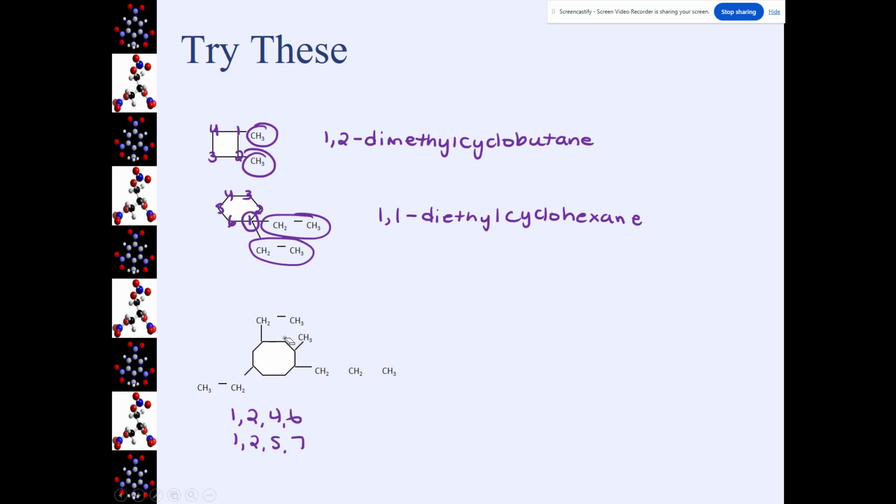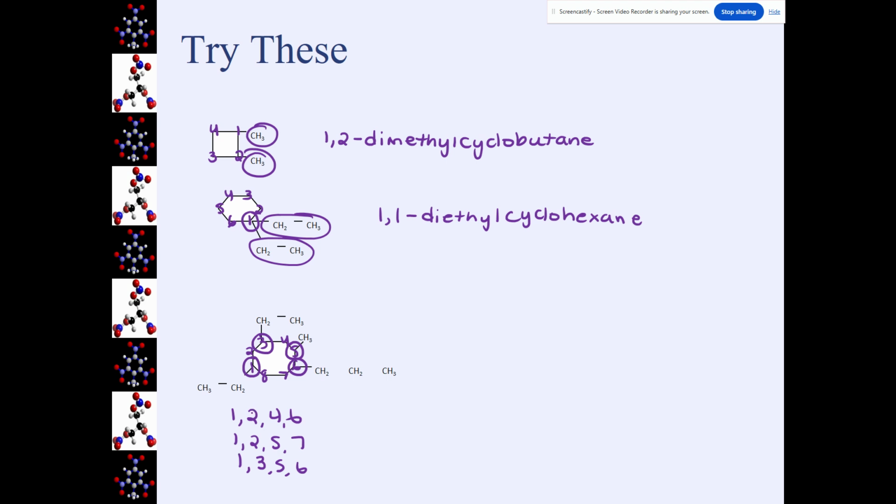Other ways I could try, let's start here. 1, 2, 3, 4, 5, 6, 7, 8. My branches are on 1, 3, 5, 6. So you try all the different ways. Remember, you compare them one digit at a time. At first they all start with 1s, we look good.